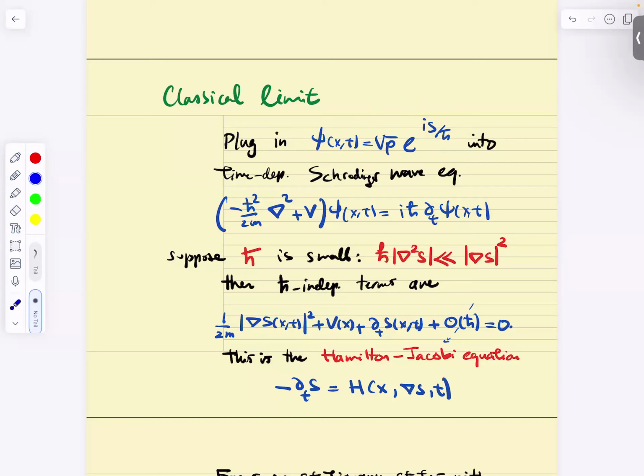We did that last time. There were terms that were h bar independent. There were terms that had h bar and then h bar squared, but that's on high orders, right? So the idea was to drop all the terms that had explicitly h bar in them. But to argue for that, we saw that you can't say h bar is small. What is small is h bar times the Laplacian of S compared to the absolute gradient of S squared.